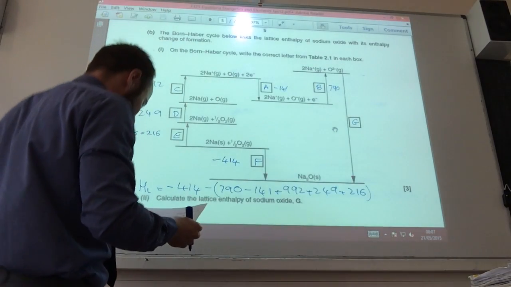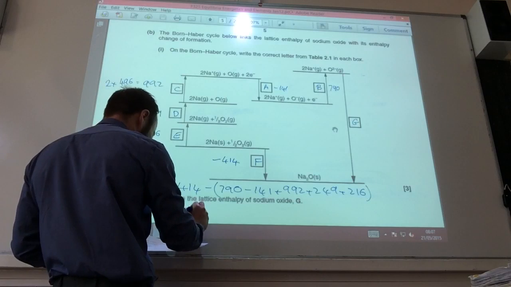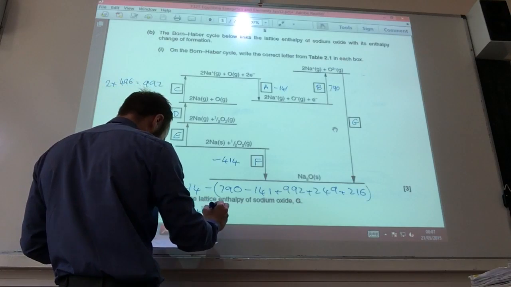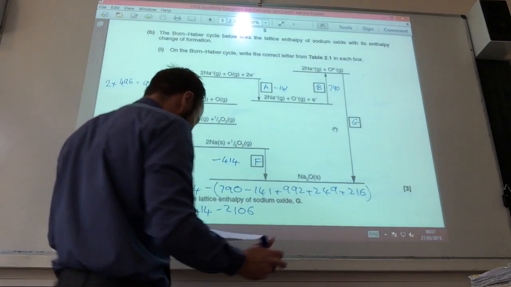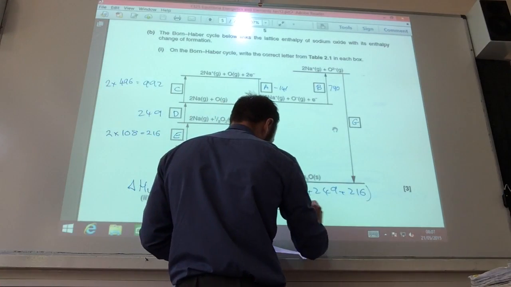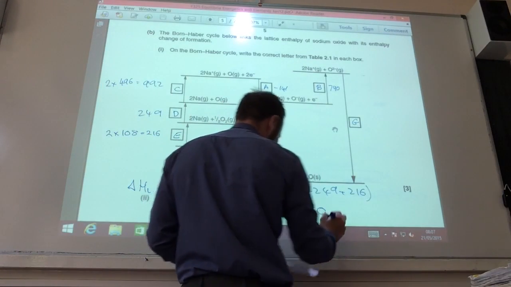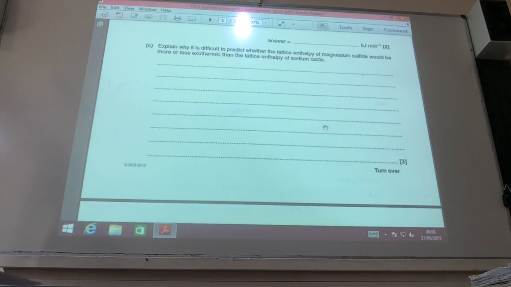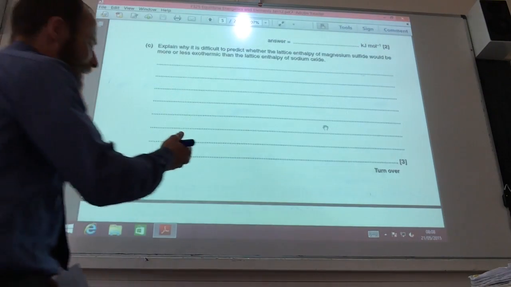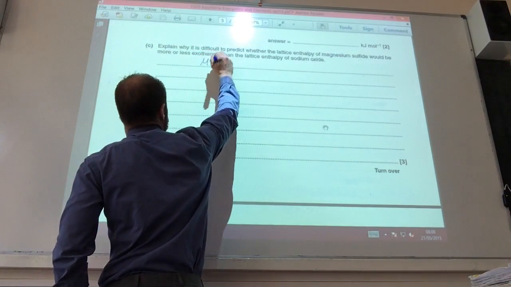Going all the way around, that equals minus 414 minus 2,106, and if you do that, you should get 2,520 kilojoules per mole.